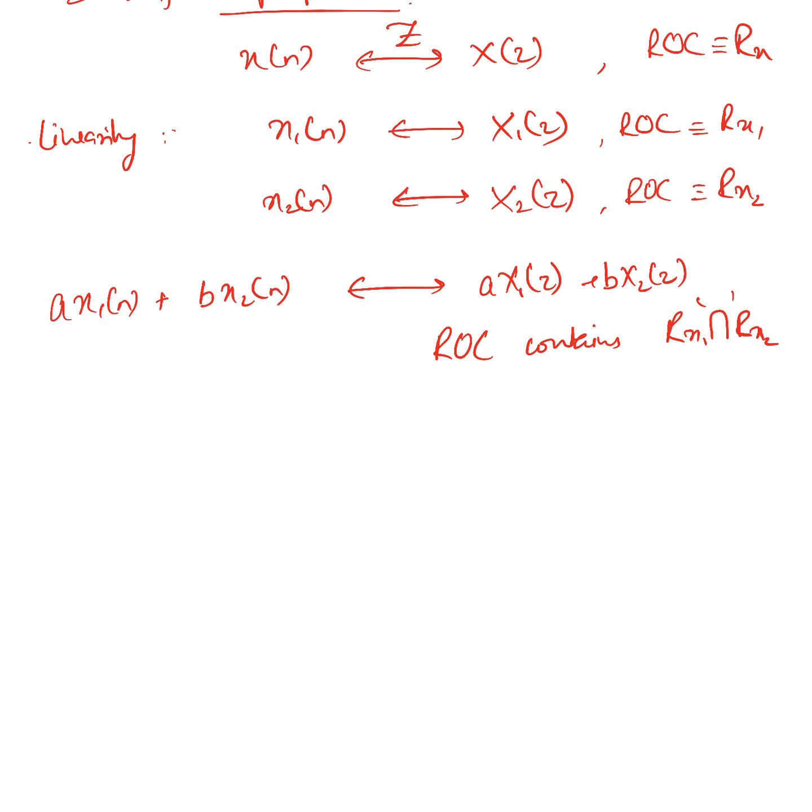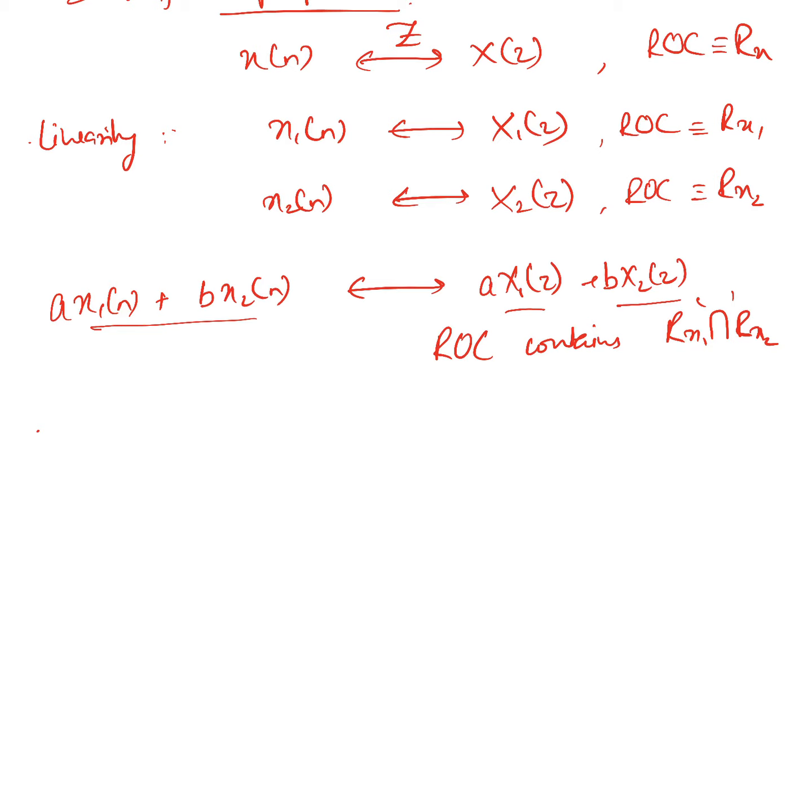Okay, there are a couple of important points. Since two rational functions are added in the summation of two different sequences, you may notice some pole zero cancellations.